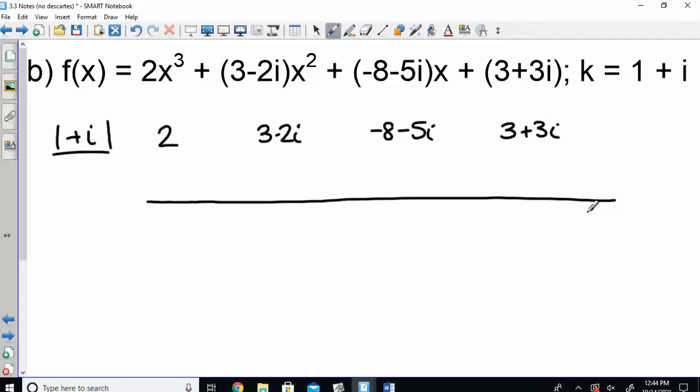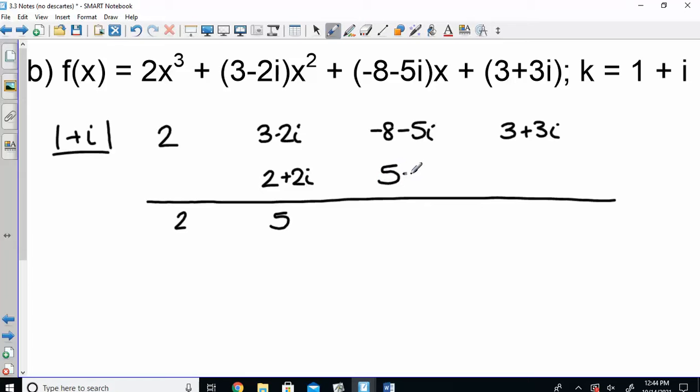Alright, from here, we bring down our first number, then we multiply and add. When I multiply these, you have to distribute the 2. So 2 times 1 is 2, 2 times i is 2i. Add like terms, 3 plus 2 is 5, negative 2i and positive 2i cancel.